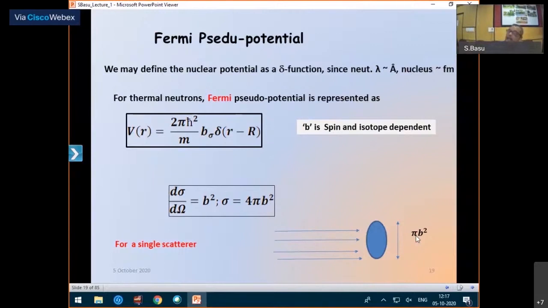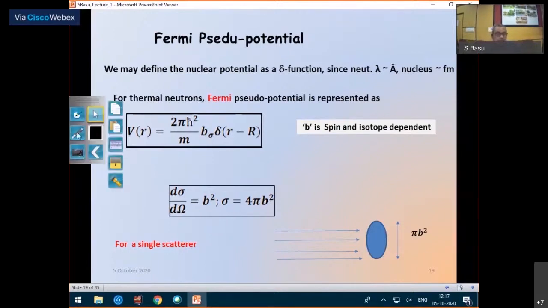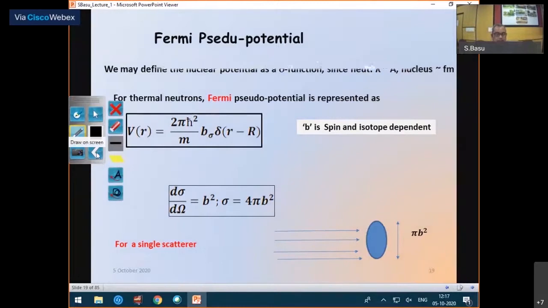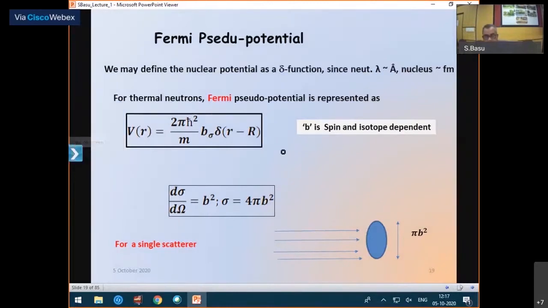So basically, for the neutron impinging on your sample, the potential is a delta function potential. We represent it by delta of r minus r, if a nucleus is sitting at r, then this is the delta function potential.